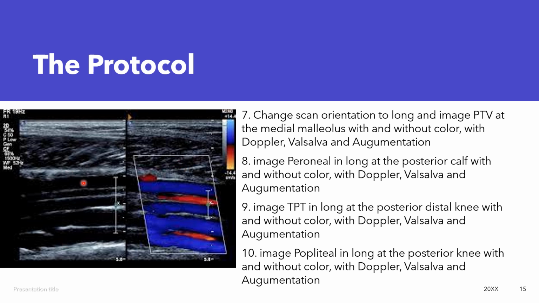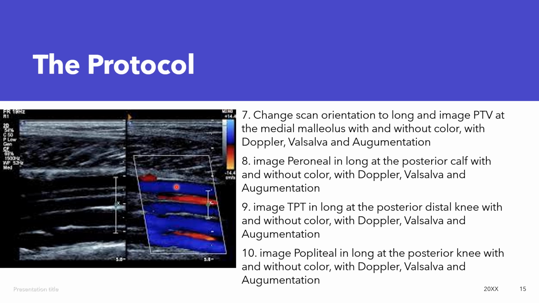So you take it without the color, with the color, and now it's time for spectral. So at this point, you would actually want to spectral each one of these veins. So you would put your spectral cursor in here, assess it with no augment, no Valsalva, just look for phasicity of flow.